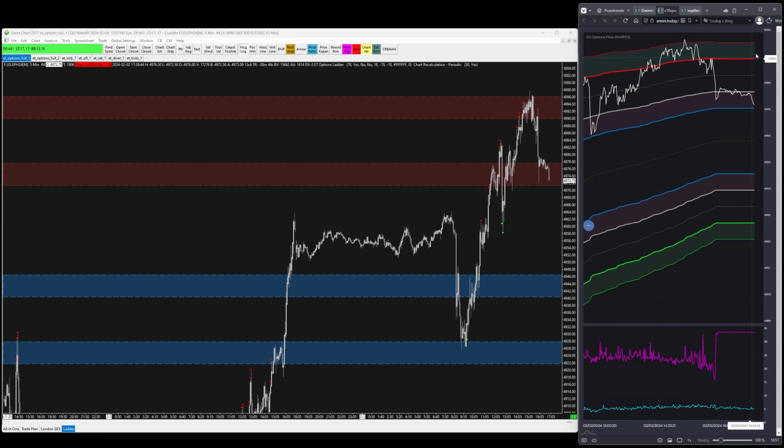These are 2 red zones, something like overbought, and these 2 here are blue. And just something for you to remember, these are dynamic tools, so they will change throughout the session.